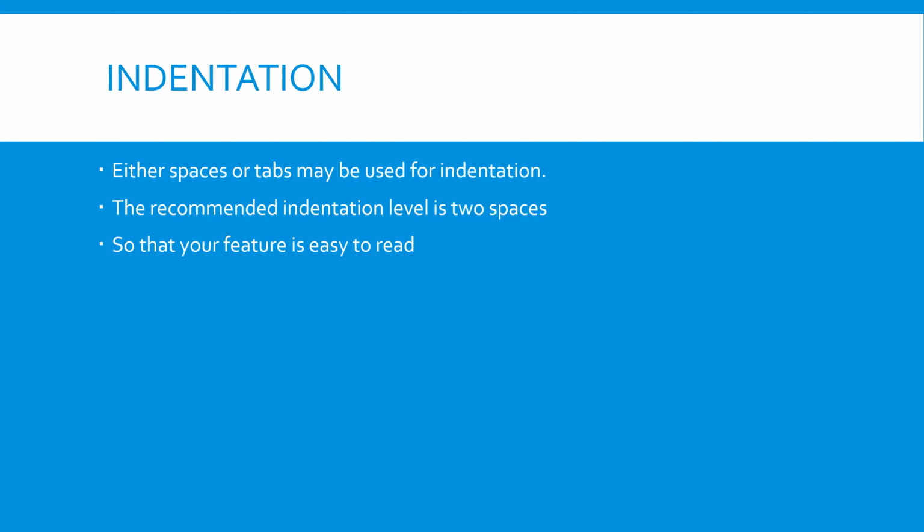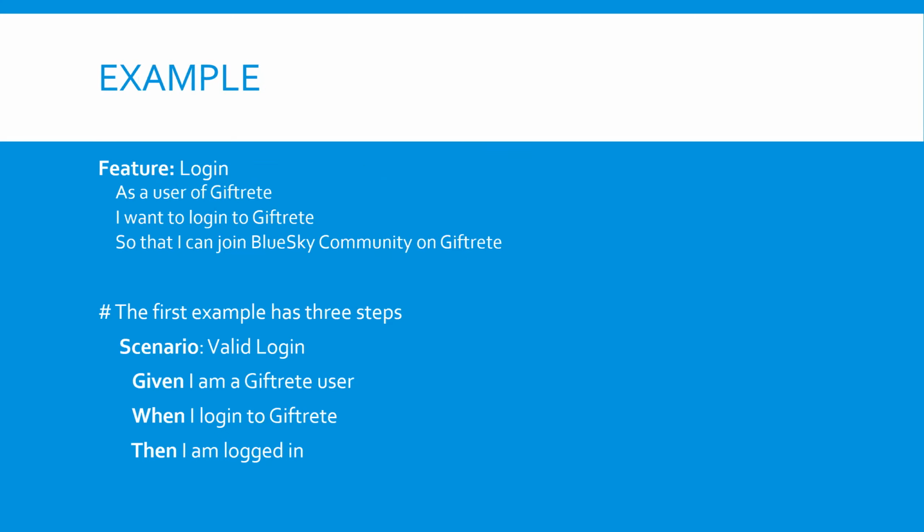I know in programming languages like Python, you have to indent it properly for it to work, but for BDD or Specflow, you don't need to indent it. It's just recommended so that you can read it properly.